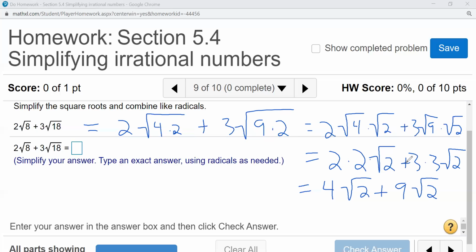Now we get to this stage, and the cool thing is we could combine these, couldn't we? Imagine if you had 4x plus 9x. You could combine those into 13x, couldn't you? It's the same idea here, only instead of an x, you're talking about the square root of 2 being your object. You have 4 water bottles, you add 9 water bottles. You're adding the 2 categories that are the same and just different amounts of them. So what will this turn into?